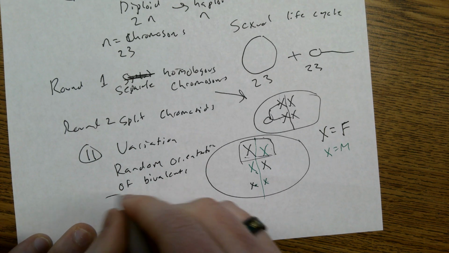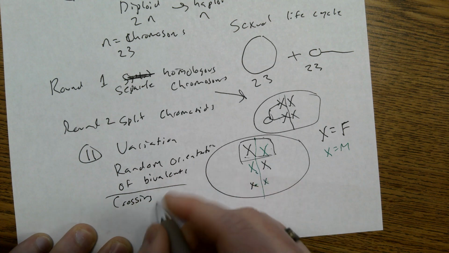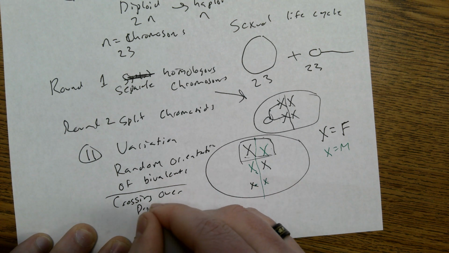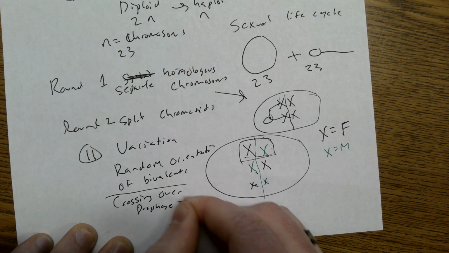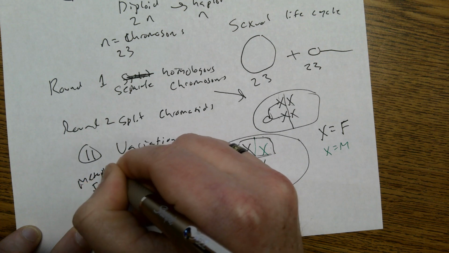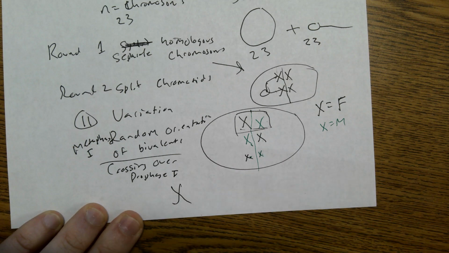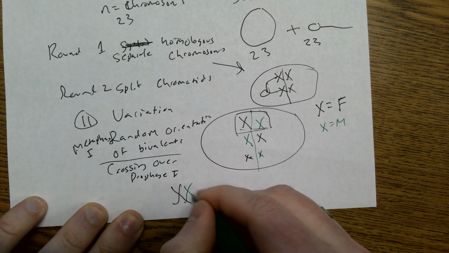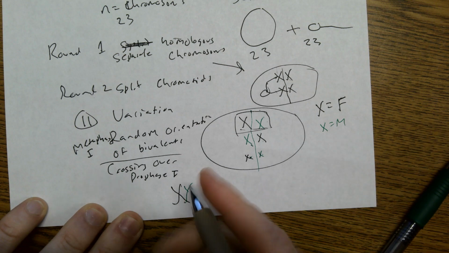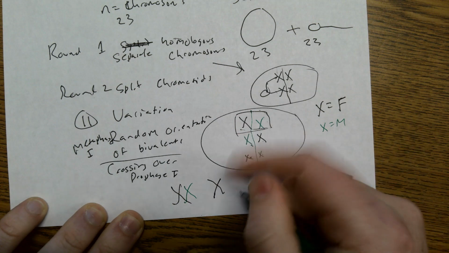Now, the other way that it happens is crossing over. So in prophase 1, so this one happens in metaphase 1. Spelled metaphase 1. In prophase 1, when they're paired up, you can have them cross over. And what that means is they're going to exchange part of their DNA.